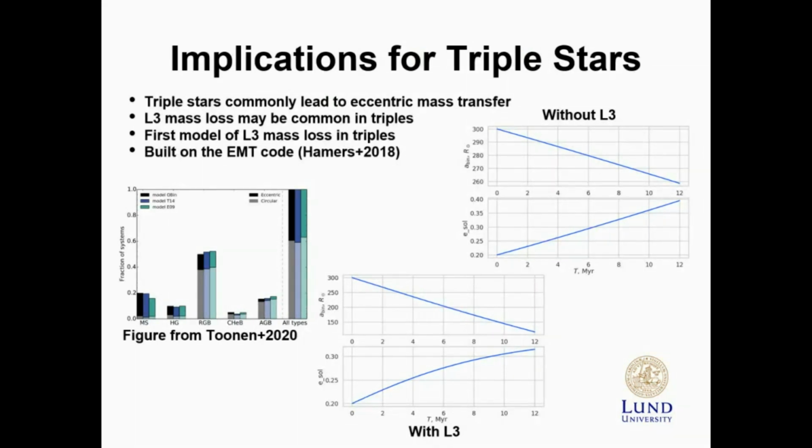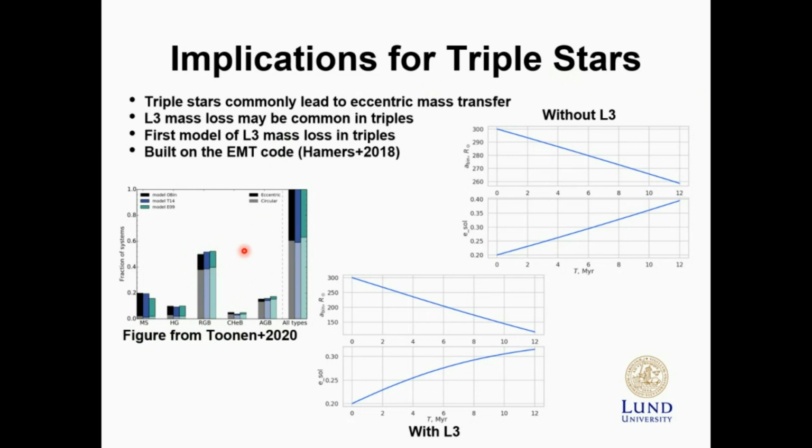And in there, we basically see that, so here are different types of stars: main sequence stars, Hertzsprung gap stars, red giant branch stars, and other stars. And here the solid color bars show the place where eccentric mass transfer occurs, where the binaries start to transfer mass when they are on eccentric orbits.